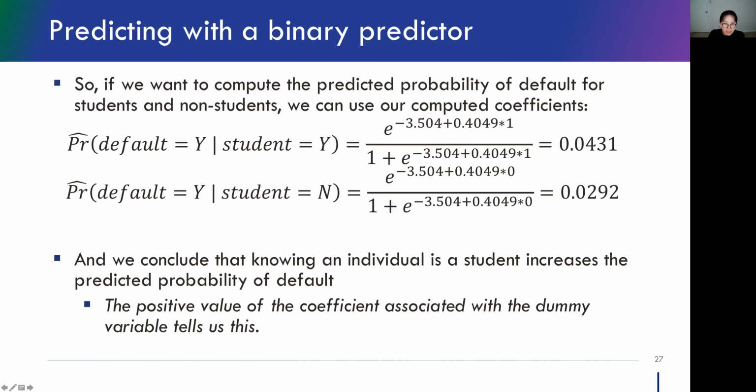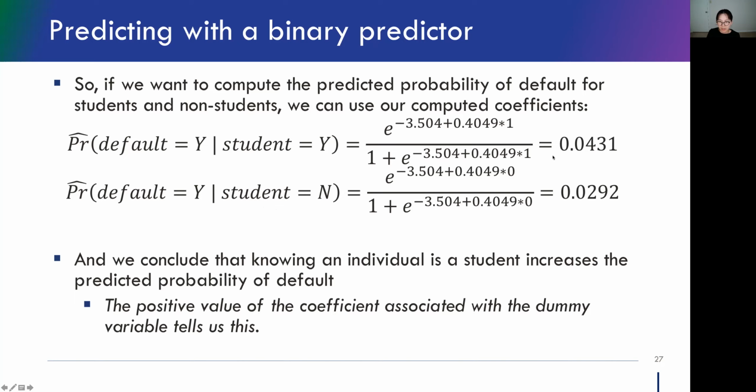So now we have a binary predictor. If we want to compute the predicted probability of default for students and non-students, we can just plug in, where the only difference is that the x value is either 1 or 0. 1 means it is a student, 0 means not a student.